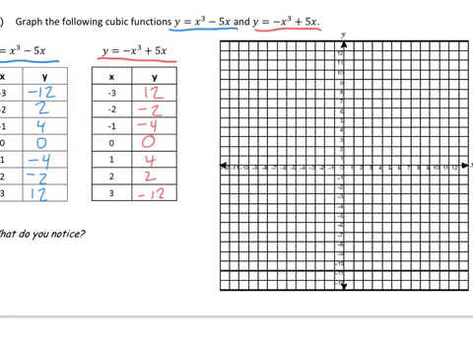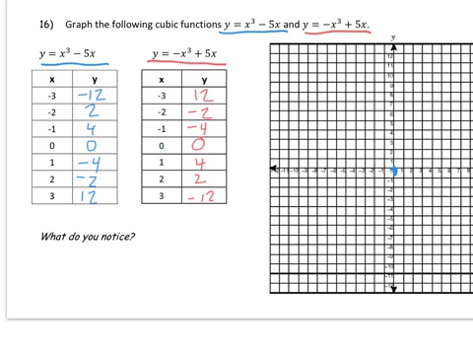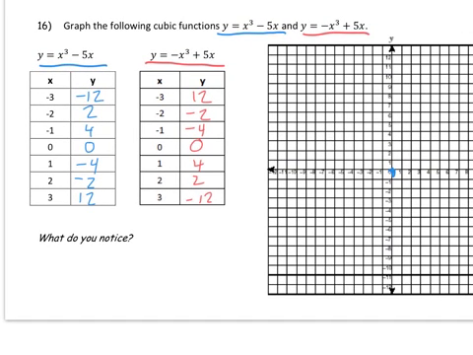Blue graph first starts at 0, 0, right there, goes to negative 1, 4, and then negative 2, 2, and negative 3, negative 12.